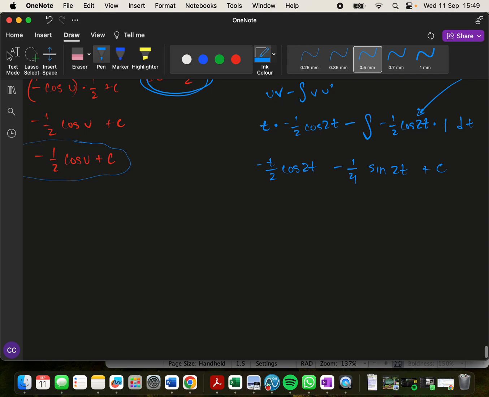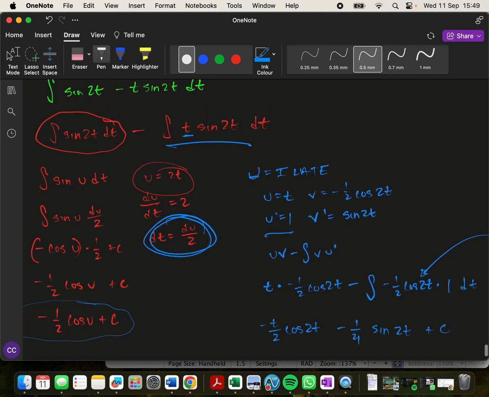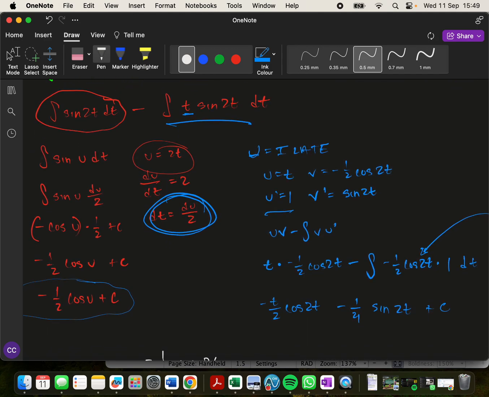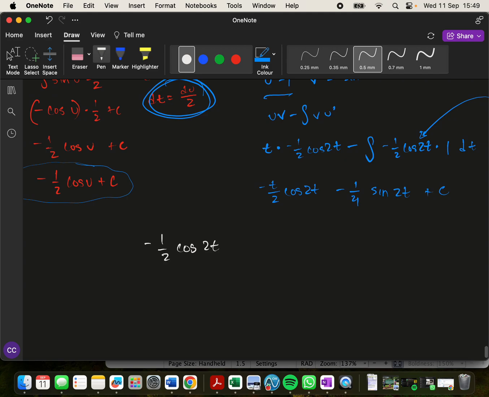So all together, if I bring all of my parts together, I would have negative t over 2 cosine of 2t, and then here I just gotta make sure I am subtracting, so this all gets subtracted.